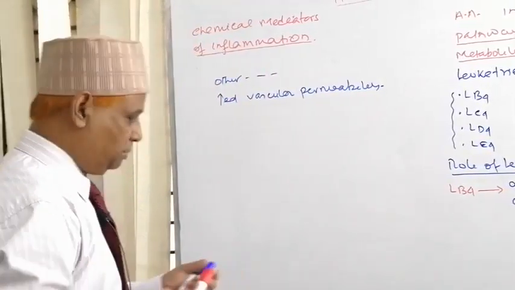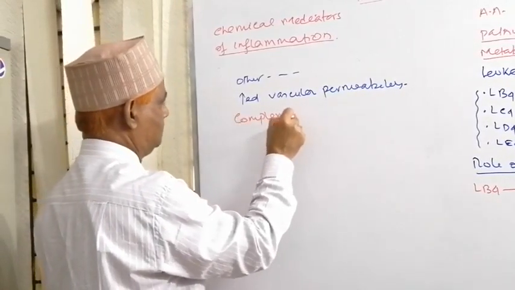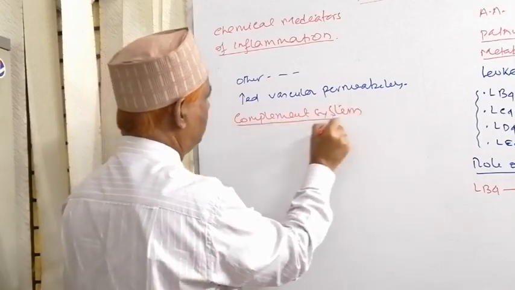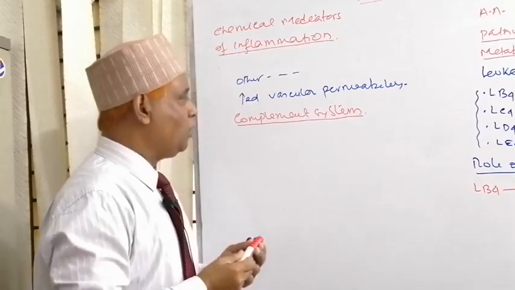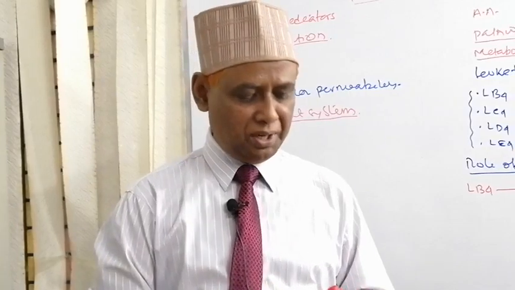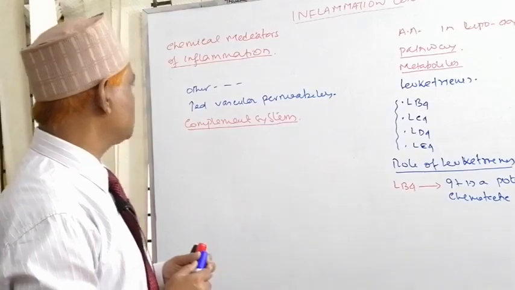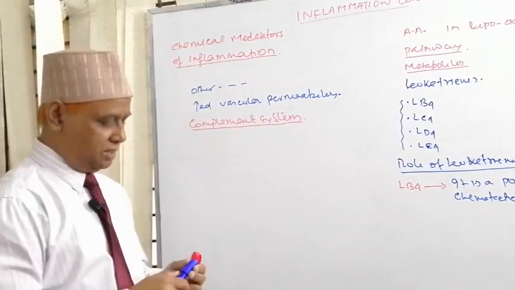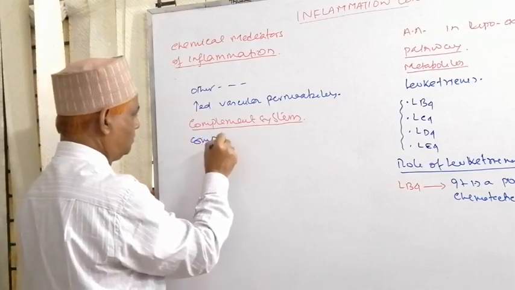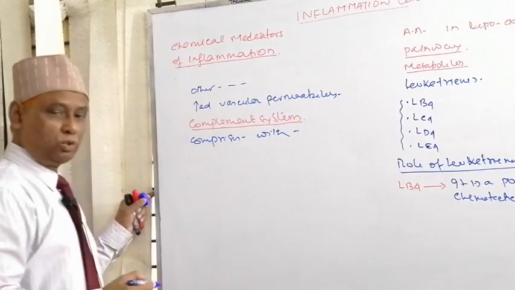Now come to complement system. Respected audience, you know we have complement system in our plasma, and this complement system remains in an inactive form in normal physiological condition. In acute inflammation, the complement system is activated, and it comprises proteins.